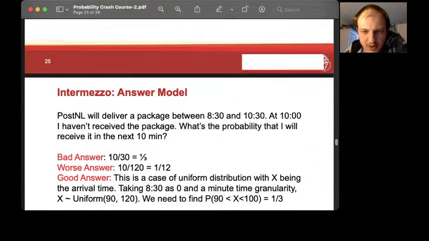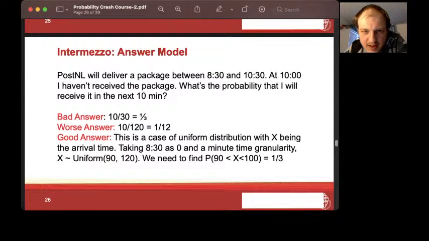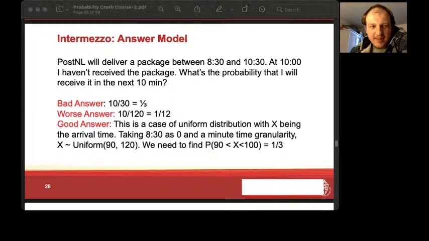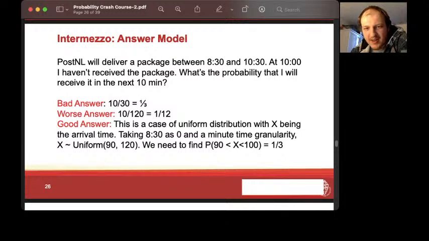Okay, so I'm going to stop with the new material for a second and just give you some idea of how we can frame answers so that you can get more points. I also tried to convey this when I was giving feedback on the homeworks: if you just write a number or an equation like that, it's not clear if you actually understand it, or you just heard it from someone else.